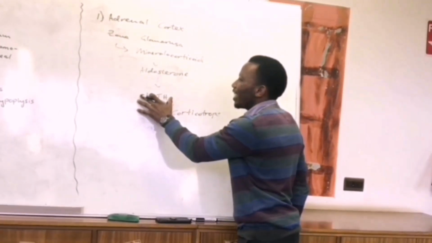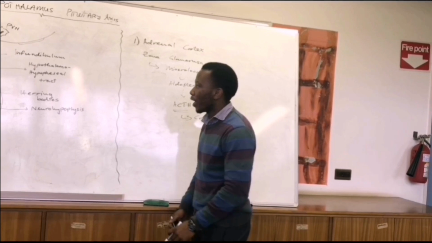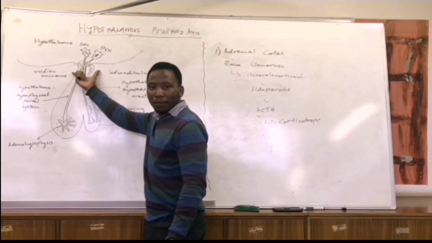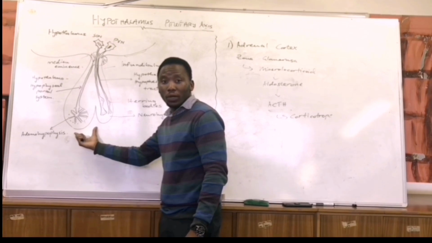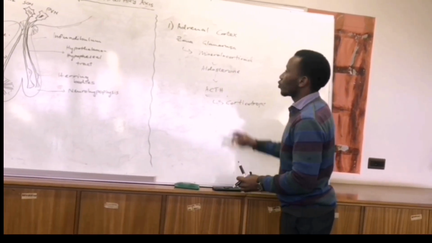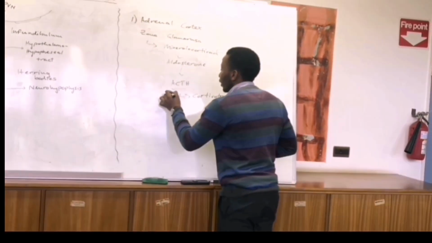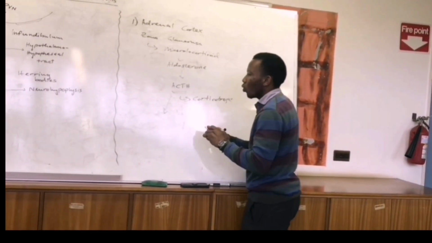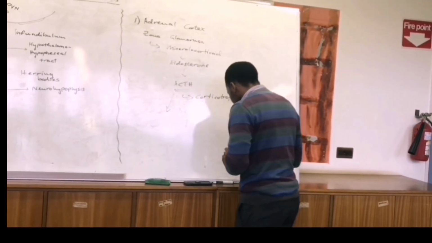Corticotroph cells, ACTH. Who stimulates ACTH to be released? Okay, so we have your CEO there, sending orders to the general manager. The general manager receives orders and then relays the signals to other hormones. ACTH is released due to corticotropin releasing hormone, CRH.